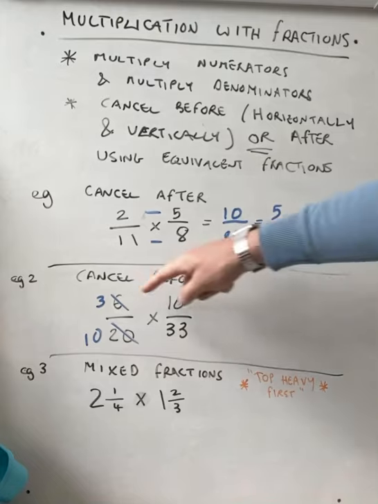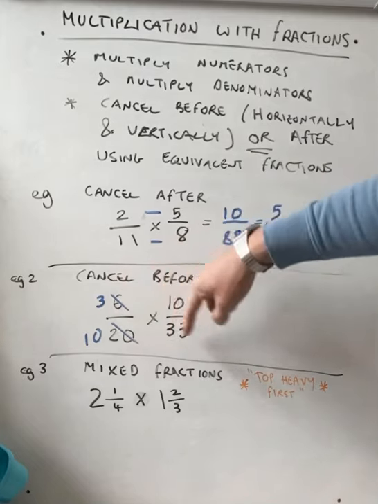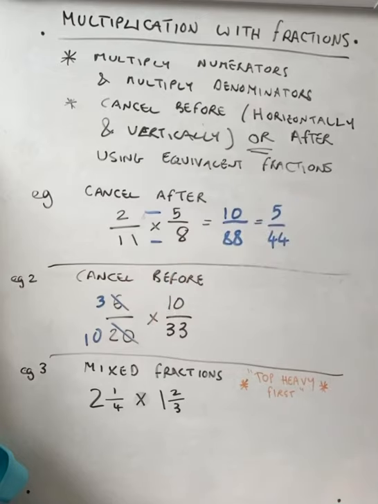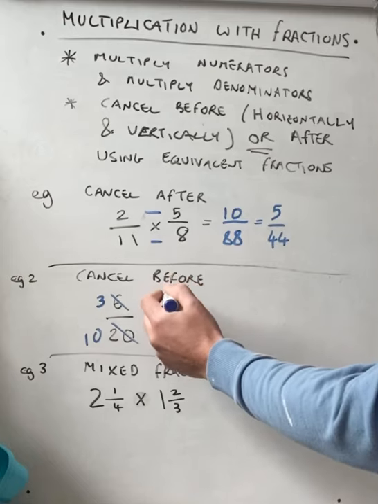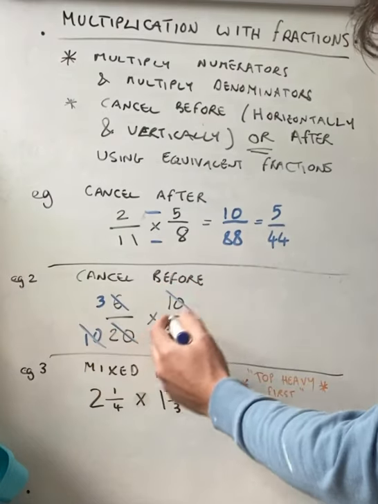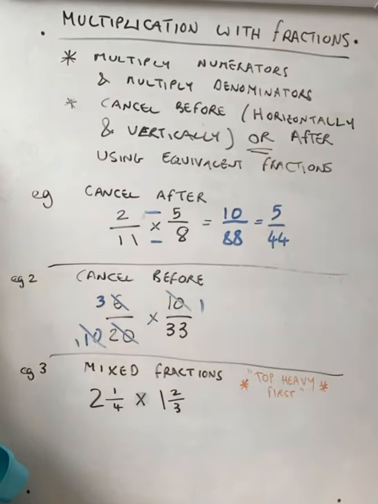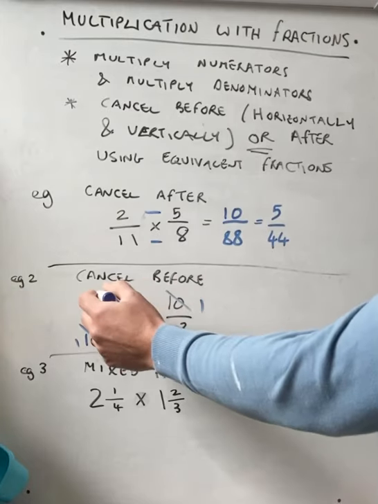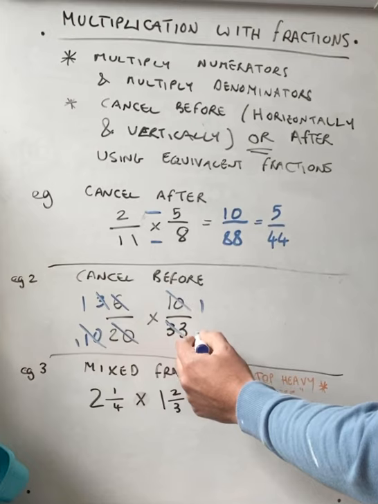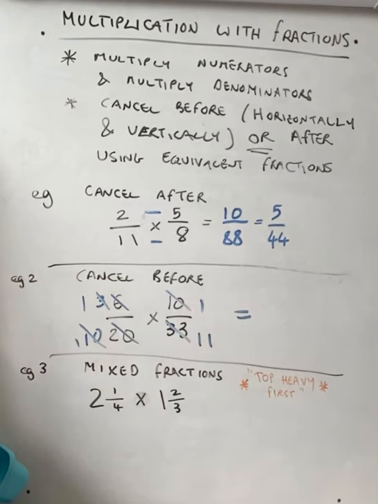Because essentially what we're doing is we're timesing the numbers together on the top and the bottom. So 3 times 10 is 30, or we could say 10 divided by 10 is 1. And we can also cancel down the 3 and the 33 to 1 and 11.